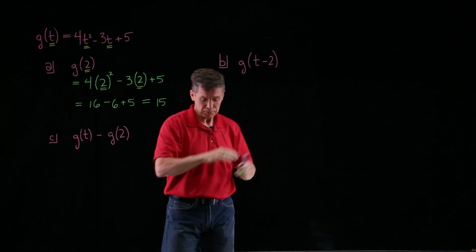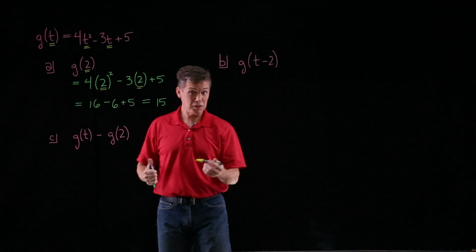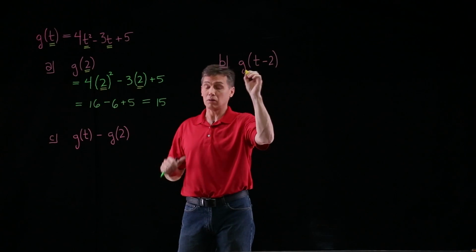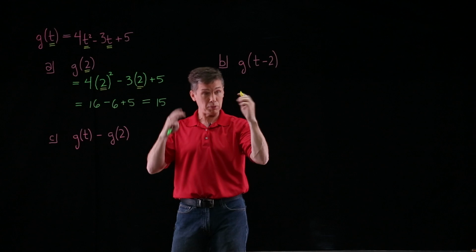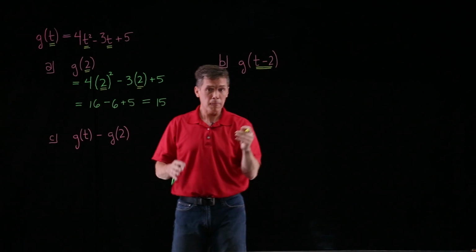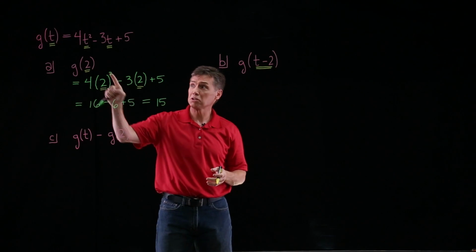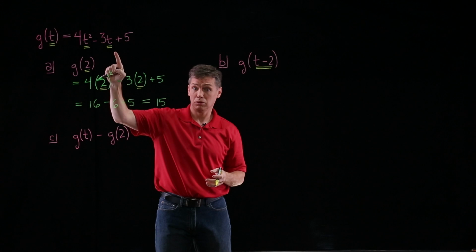Moving to part B. It's still function notation. Focus on that. But this time the argument is always everything that's inside the parentheses there. So t minus 2. That entire binomial needs to go into the original function wherever there was a t. Okay?